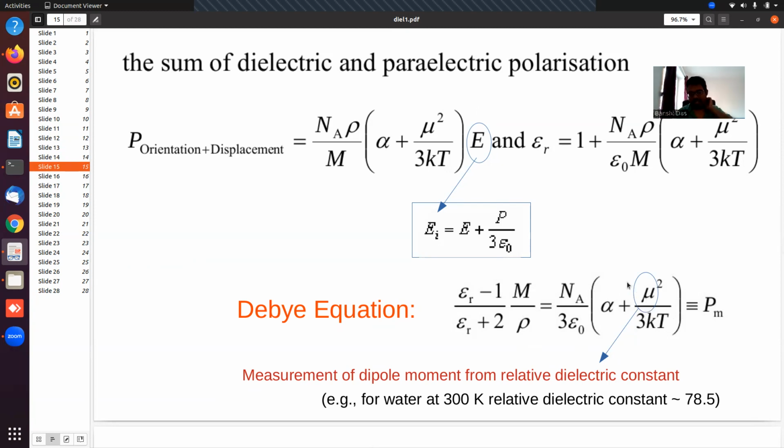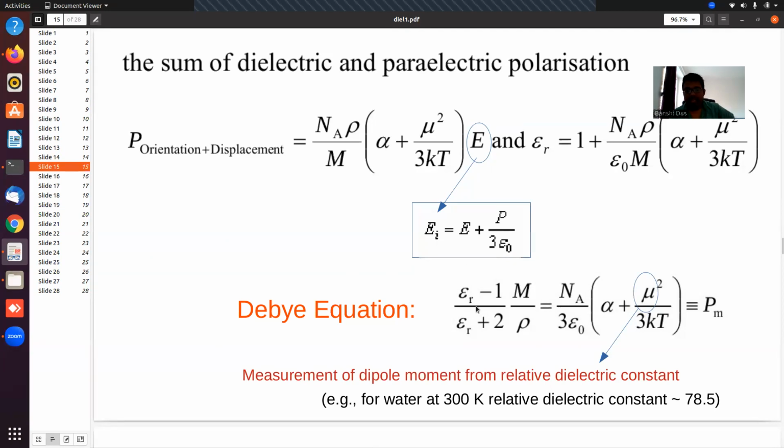We can measure the relative dielectric constant for that medium. If we plot this polarization with respect to the relative dielectric constant, those are the same kind of thing, just a different expression but the same measurement.